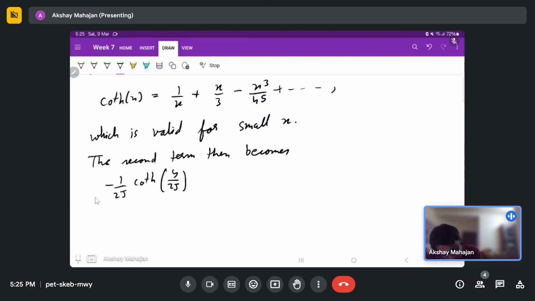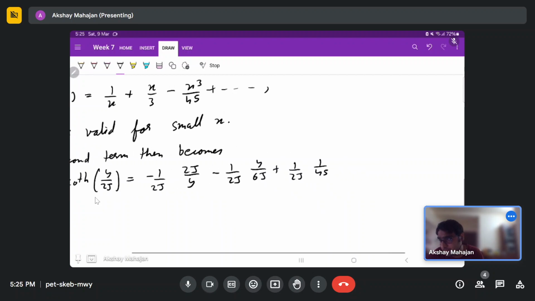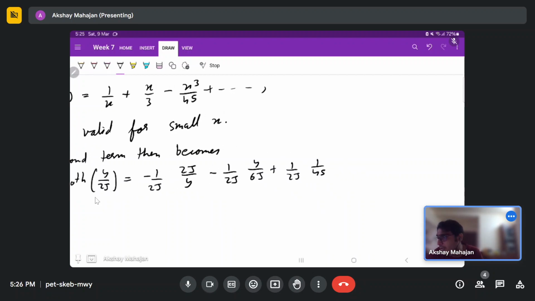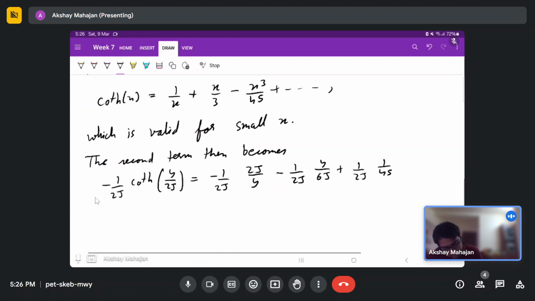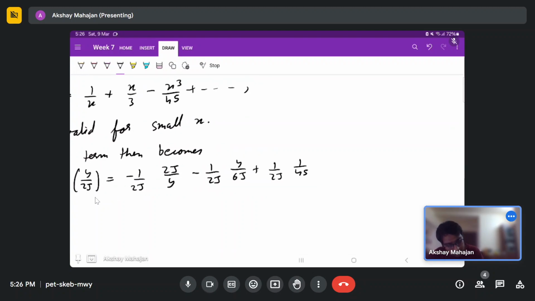If we do the expansion, it becomes minus 1 upon 2j times 2j upon y, minus 1 upon 2j times y upon 6j, plus 1 upon 2j times 1 by 45 y cube upon 2j whole cube and so on. There's a minus because that's why the sign has changed.